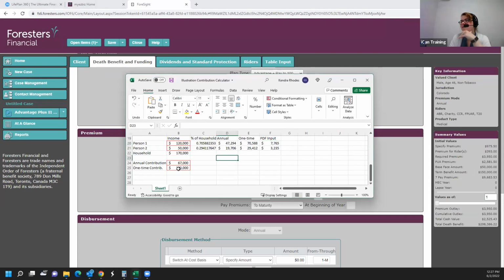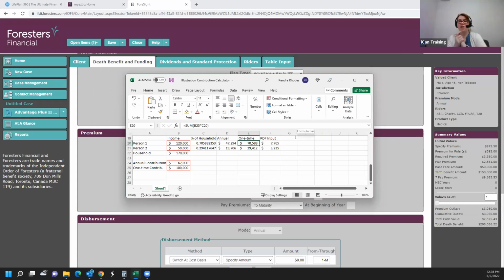If we take this $100,000 and divide it out by the ratios of their income, on person 1 we have approximately $70,000, and on person 2 we have just about $30,000. So remember our annual contribution limits, 47.3 and 19.7. So we're going to subtract those from our one-time contribution.